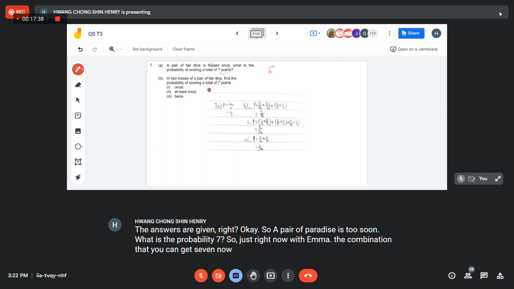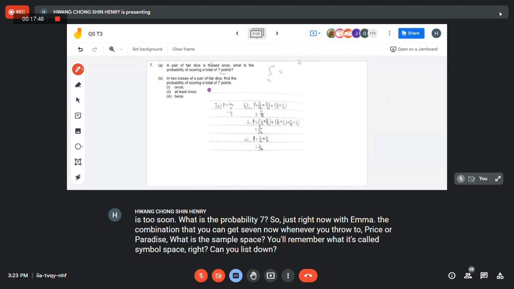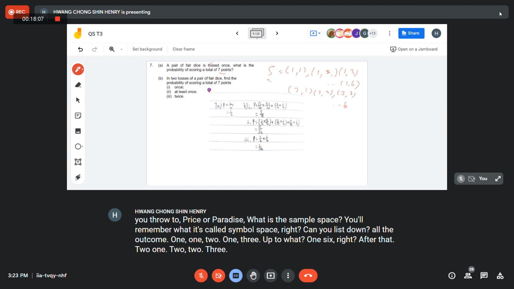Now, whenever you throw two dice, or a pair of dice, what is the sample space? You all remember what is called sample space, right? Can you list down all the outcomes? 1,1, 1,2, 1,3, up to what? 1,6, right? After that, 2,1, 2,2, 2,3, up to 2,6.